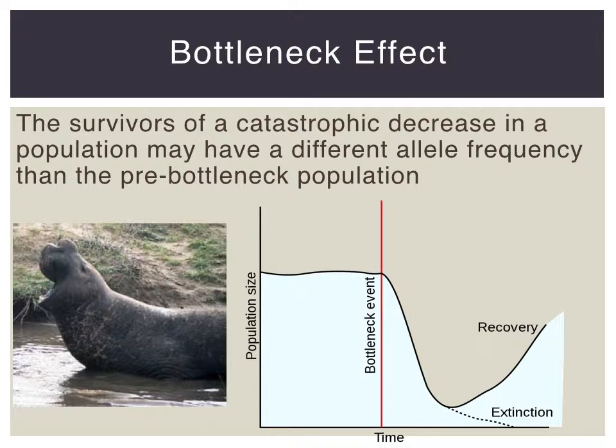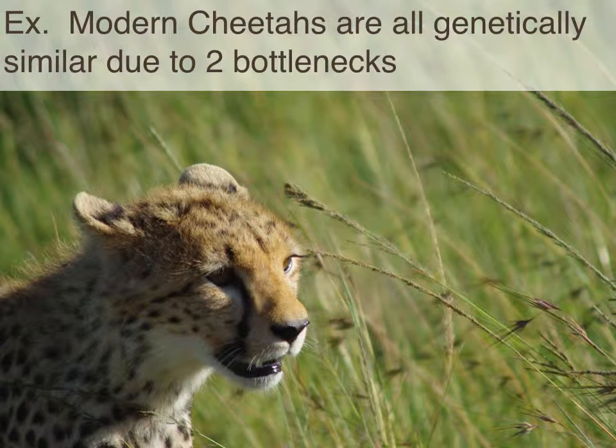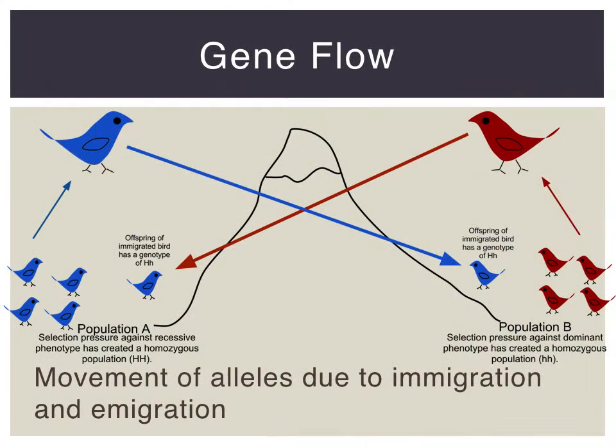Hunting reduced their population to as few as 20 by the end of the 19th century. The population has since grown to over 30,000, but their genes still carry the marks of this bottleneck because there's much less genetic variation in the population than you would see in the southern elephant seals that were not so intensely hunted. Another example is modern cheetahs are all very genetically similar due to 2 bottlenecks.